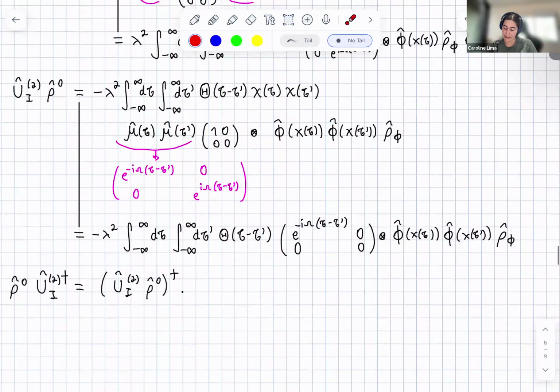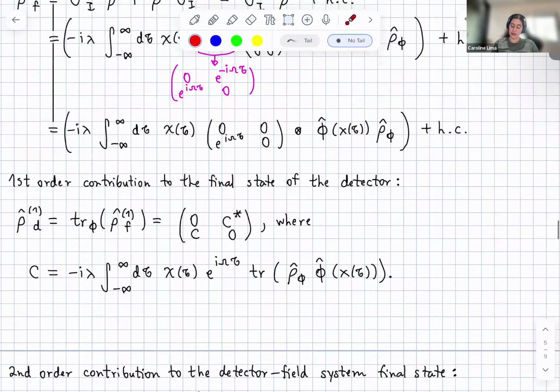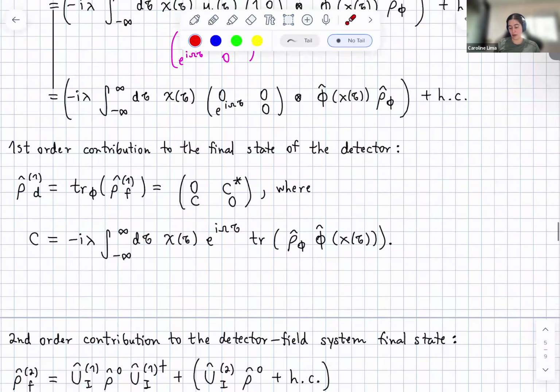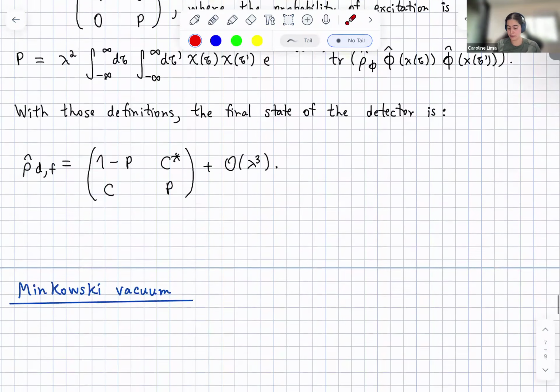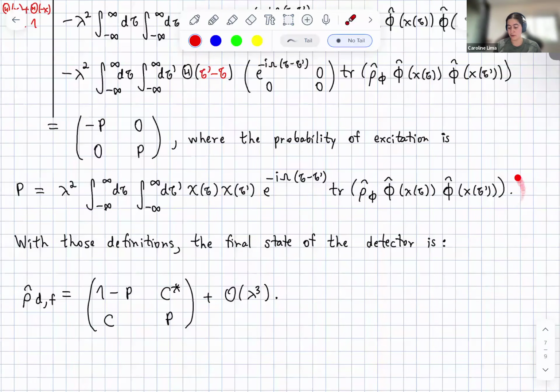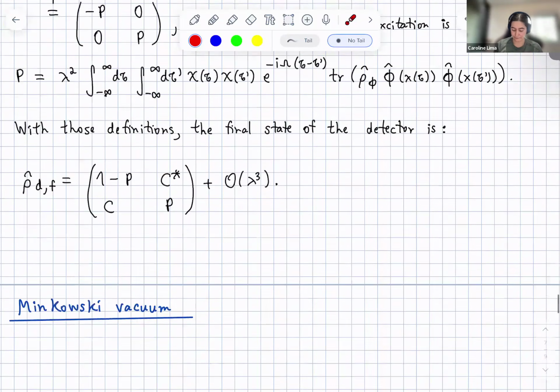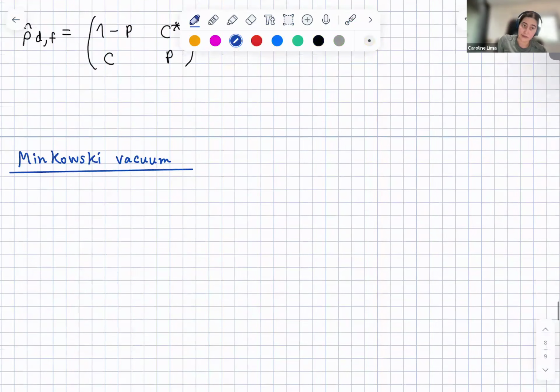If you look into the first order correction, it depends on this one point correlation function, whereas the second order contribution is going to depend on this two point correlator, right? So we want to have a look into what they look like in the Minkowski vacuum.